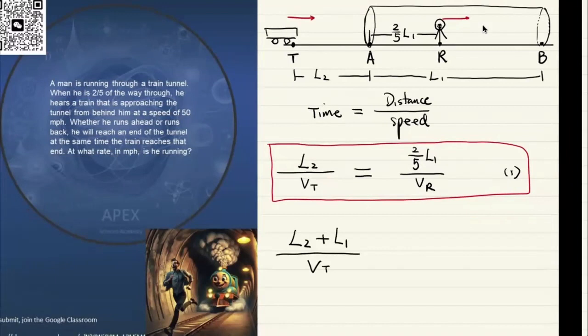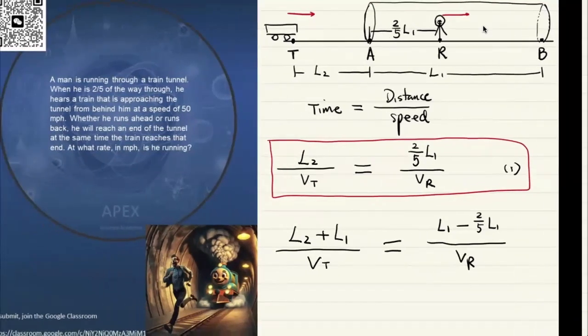How about the runner? So when the runner runs from R to B, the total distance is going to be L1 minus 2/5 of L1. And then we divide this by the speed of the runner. And we know that these two will be equal.